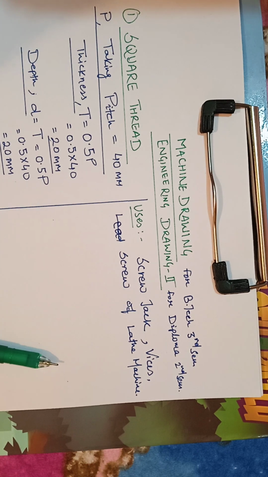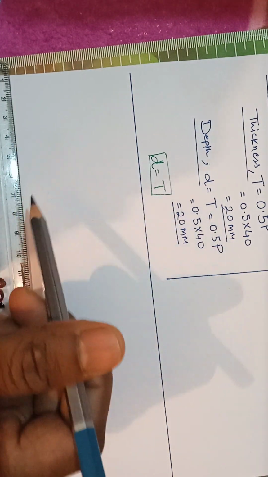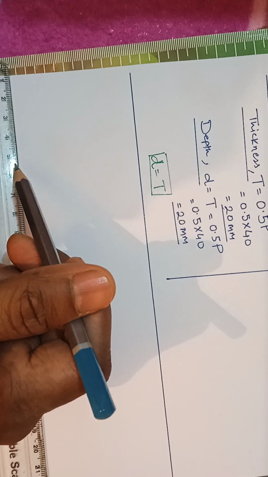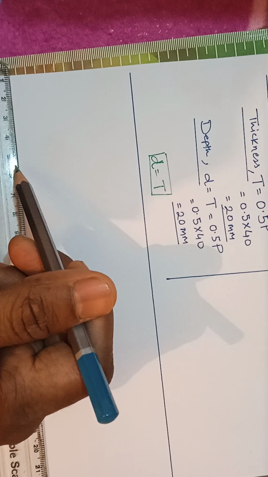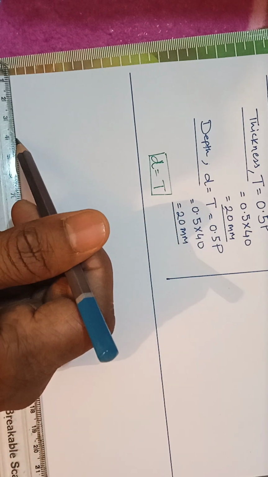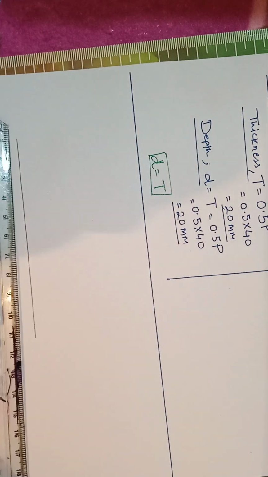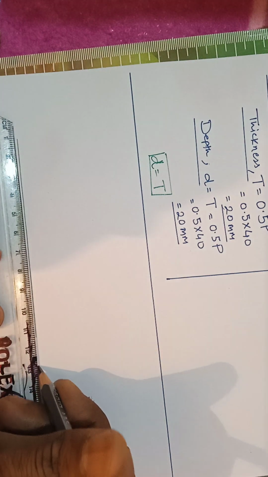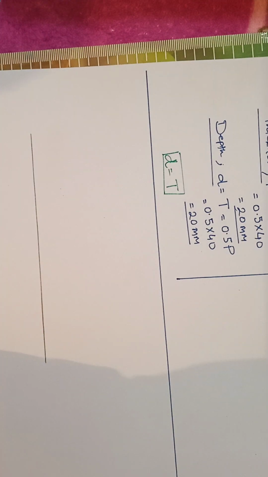So now we will draw. First of all, draw a straight line whose length is equal to 3 times the pitch. As we have taken the pitch as 40 mm, we will draw a 120 mm line. With the help of a scale, draw a line of length 120 mm.